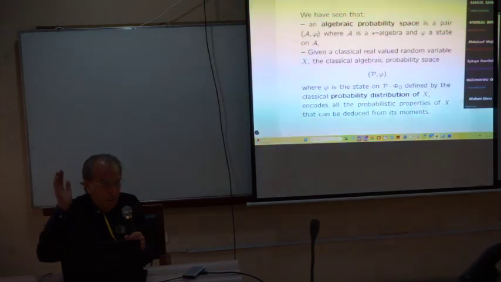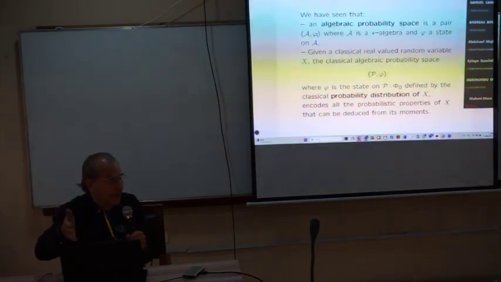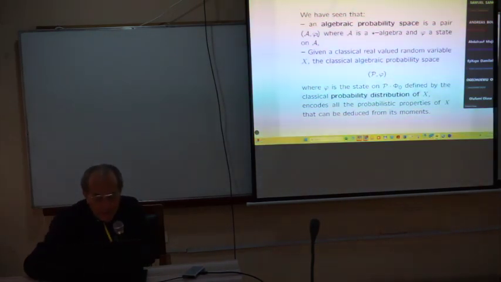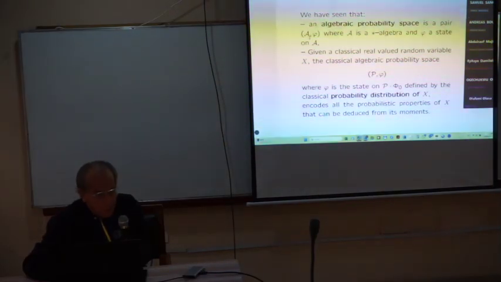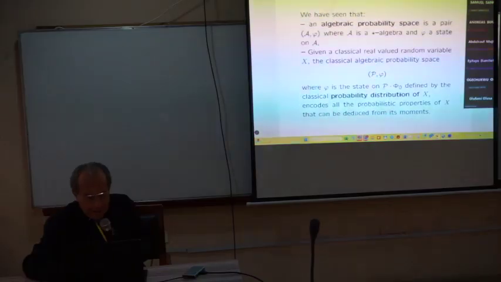A state means positive, normalized linear function. Okay. Then this is called classical algebraic probability space if A is commutative, and quantum if A is non-commutative. Now we started from a classical algebraic probability space, which is the algebra of polynomials with the state given by the distribution of x.